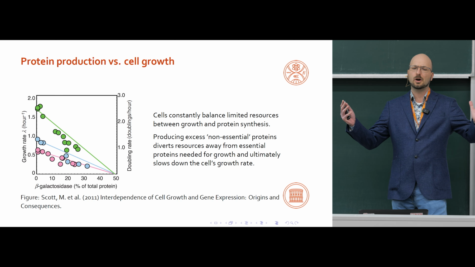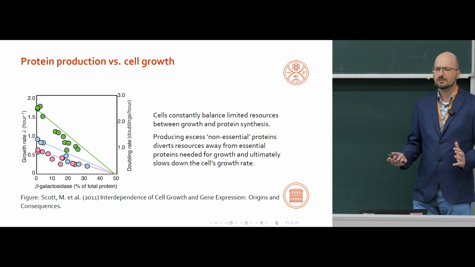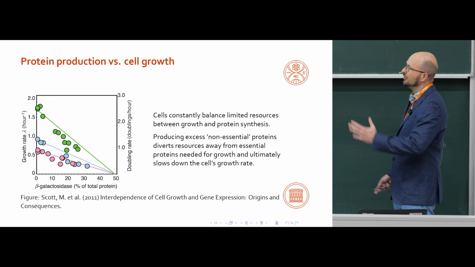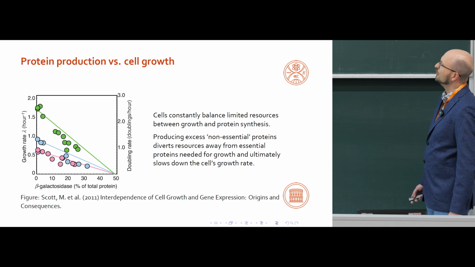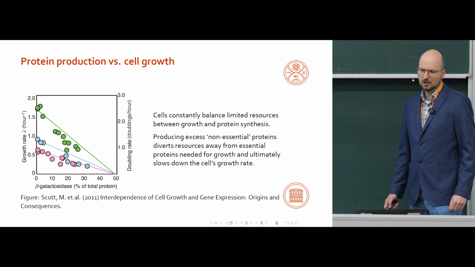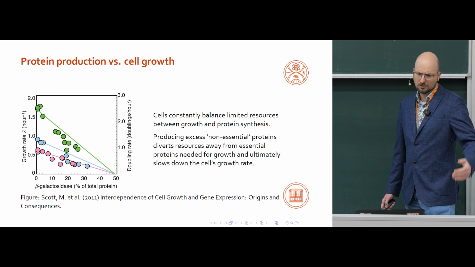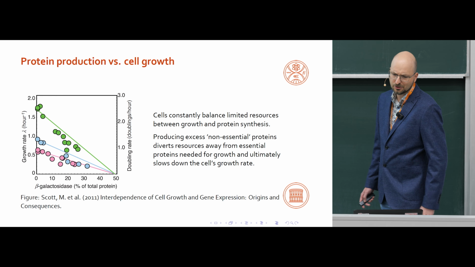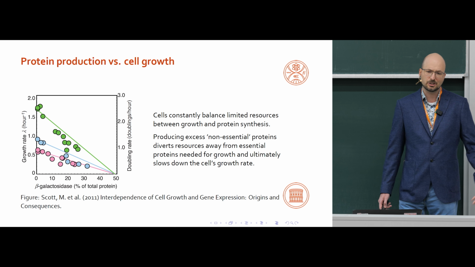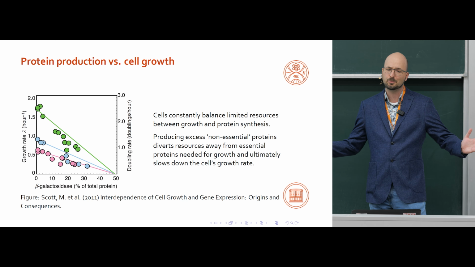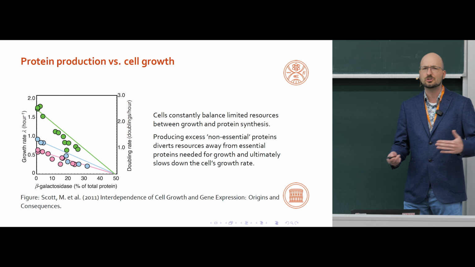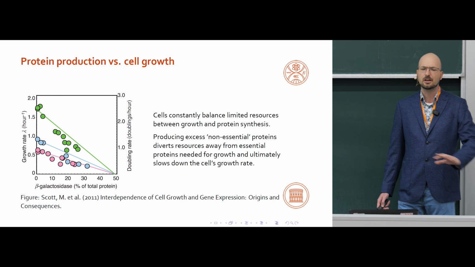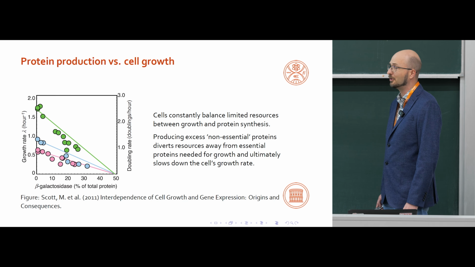So the cells grow and then they divide. And if you have a lot of protein, the growth can be slower. One reason mentioned here is that it sort of diverts resources from other processes. So that's one mechanism how the number of proteins can affect growth rate. So we wanted to combine these two things. First is the stochastic burst expression, and the second one is the dependence on growth rate.